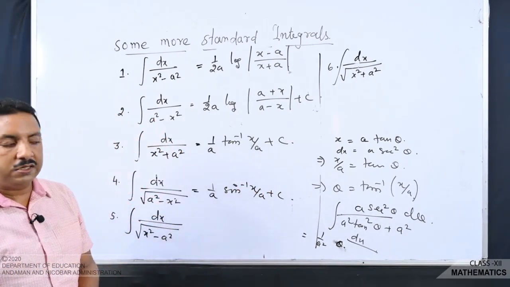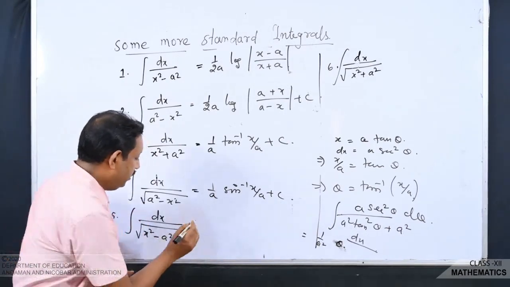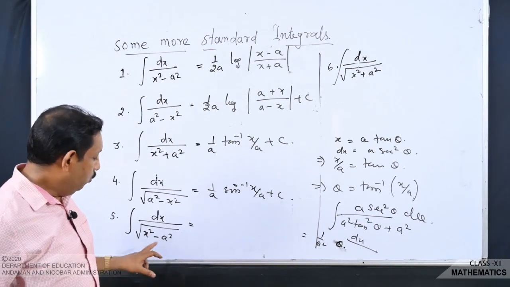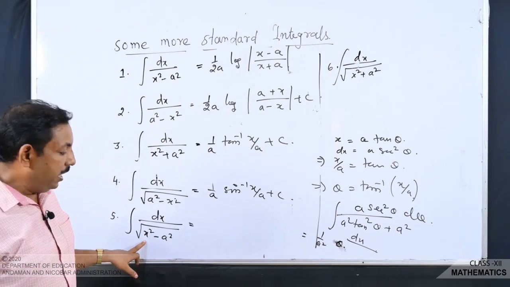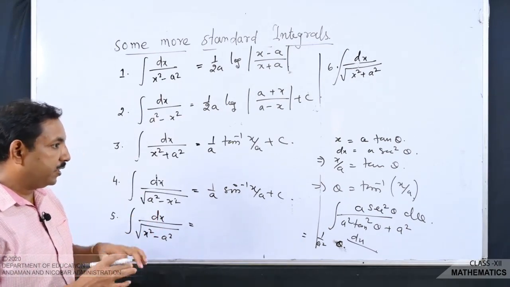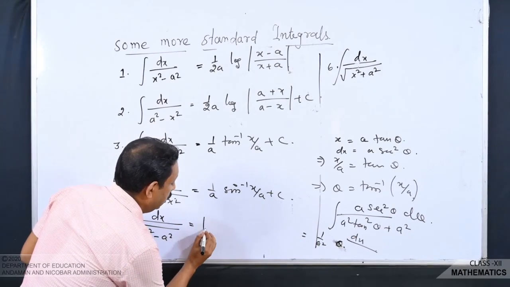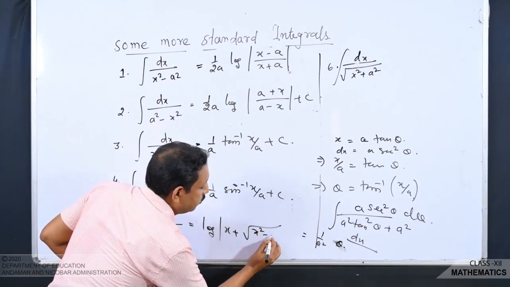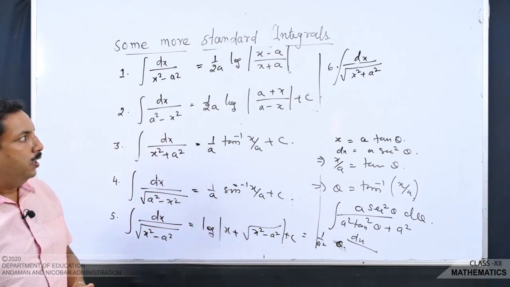So this will be the answer of this one. And for the fifth one, x square minus a square, we put x equal to a sec theta, and after calculation you get log of x plus under root of x square minus a square plus c. That will be the standard one.